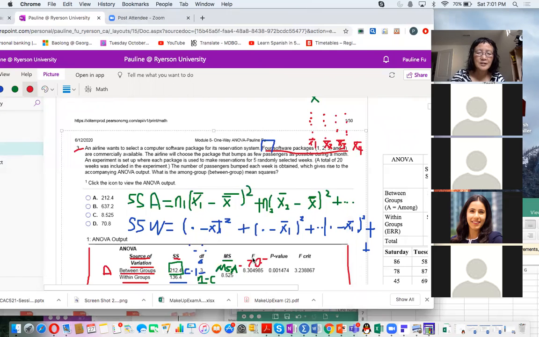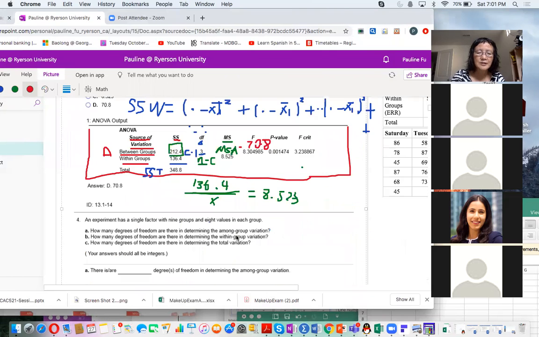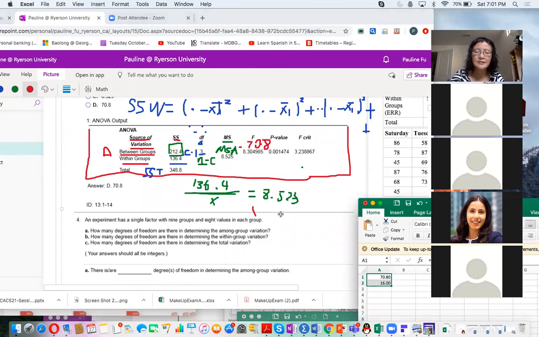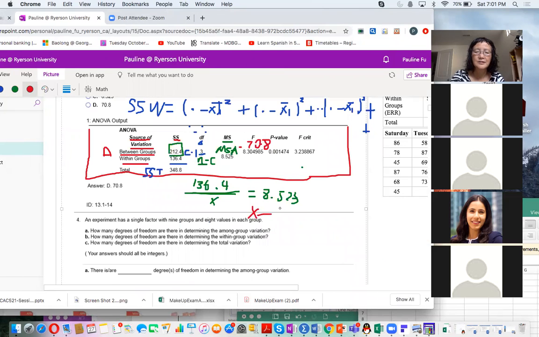Okay. The other number X equal to 16. Okay. X equal to 16. So we get number of the degree of freedom for within group is 16.